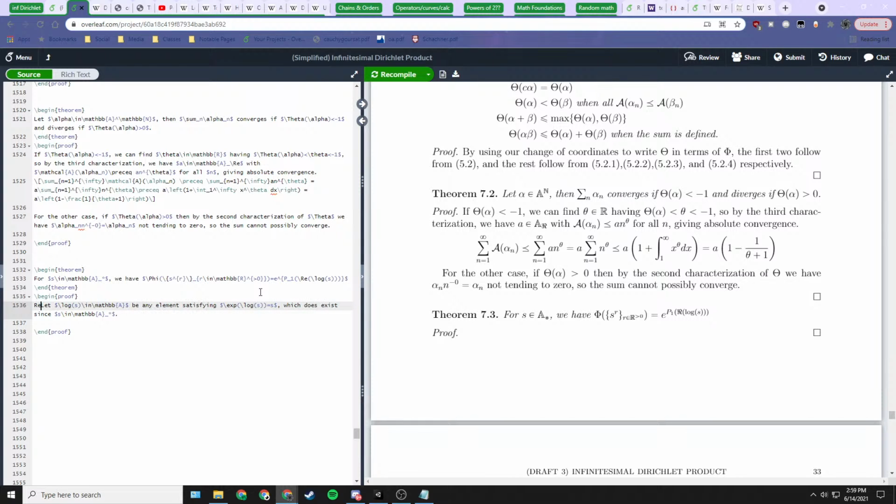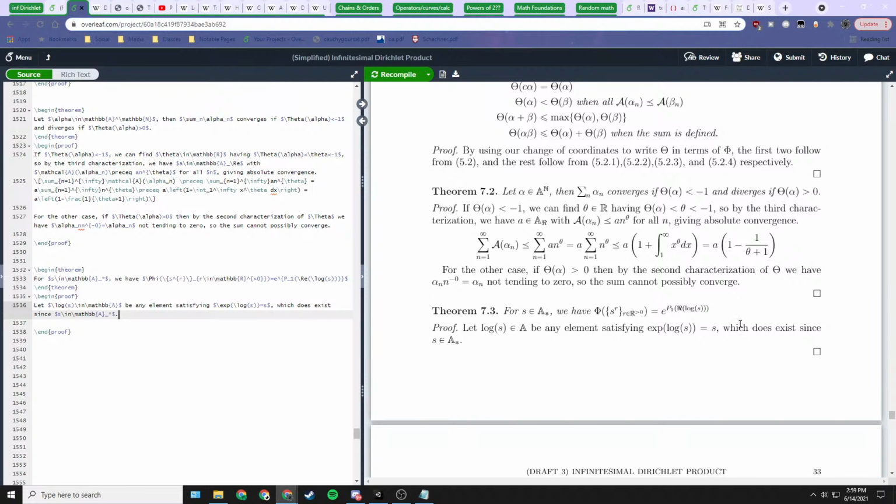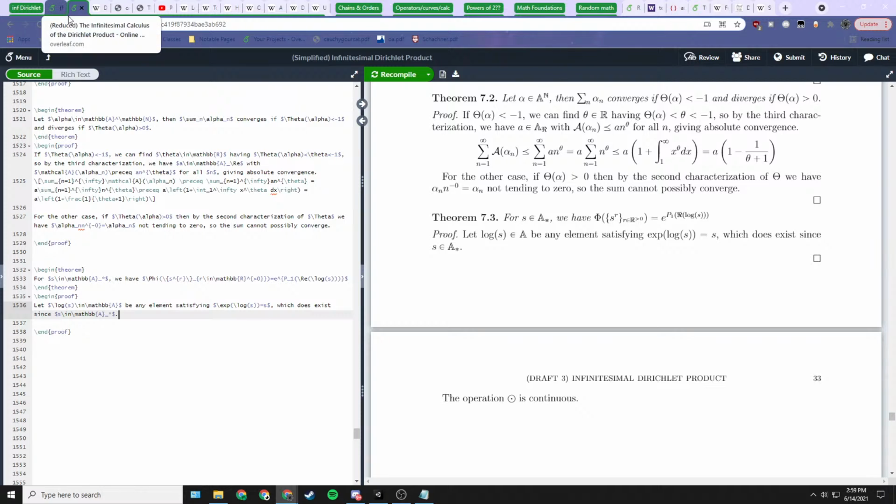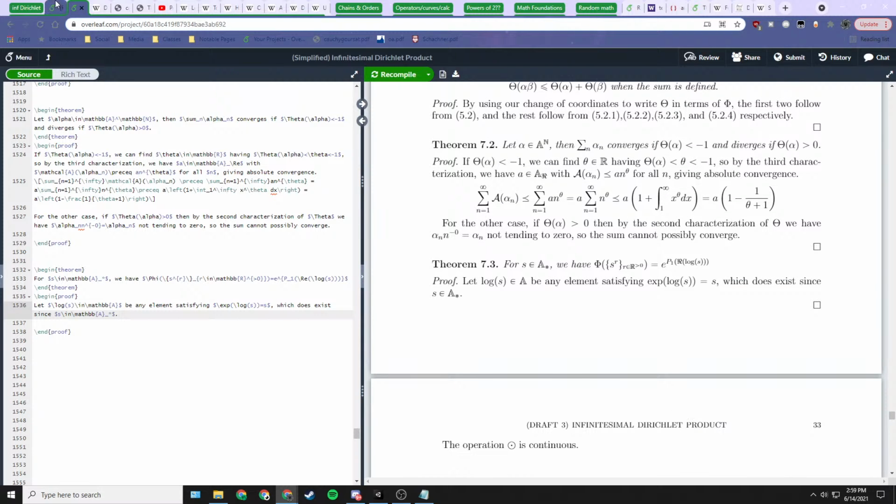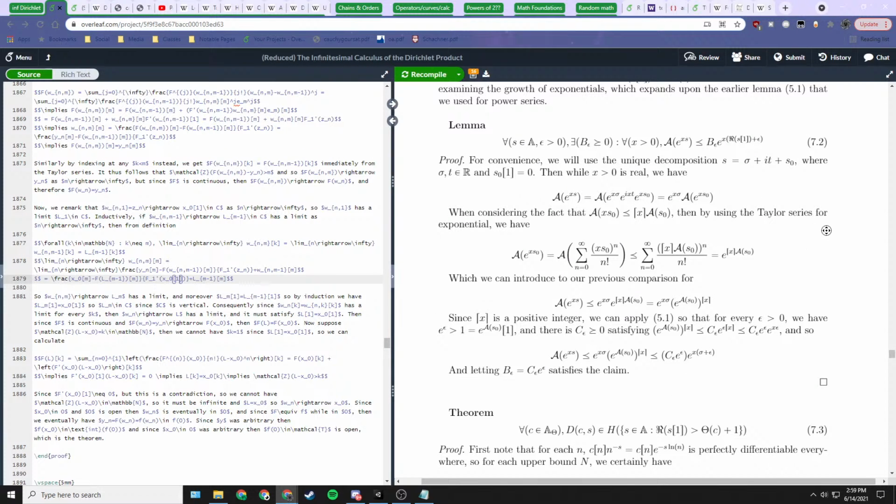Actually, yeah, this is fine. Okay, so let me double check. Let's see how this theorem does it. That's this lemma.